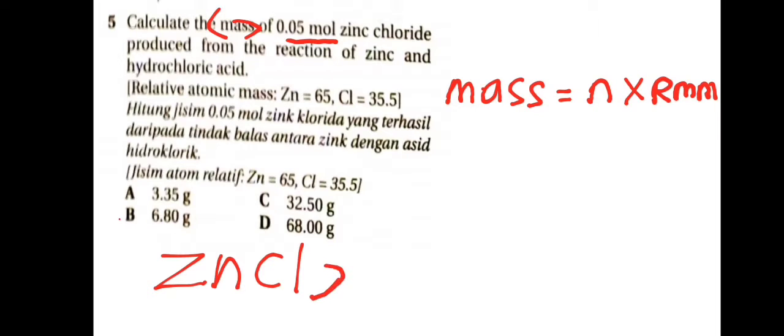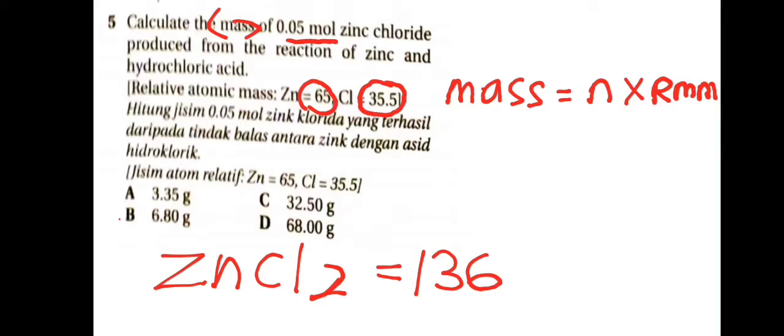ZnCl2, zinc chloride. So find its RMM. The RMM for zinc chloride is 136. How do you get 136? 65 plus 35.5 and then plus 35.5 again because here it is Cl2. So 136 is the RMM for zinc chloride.